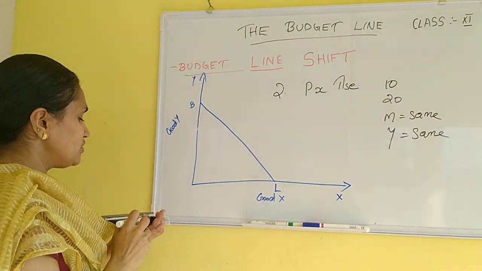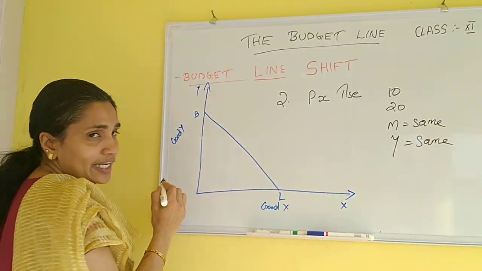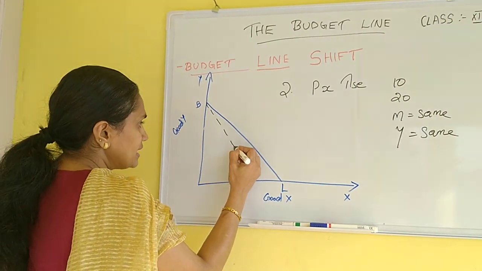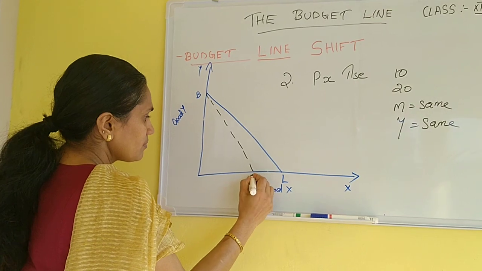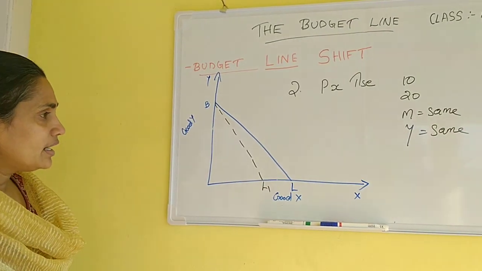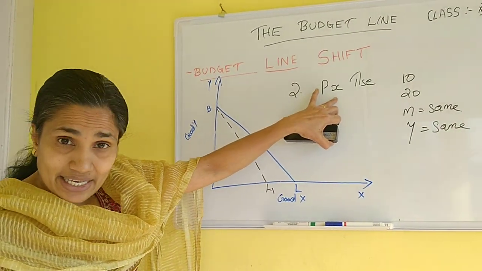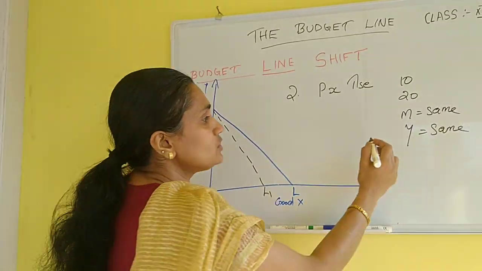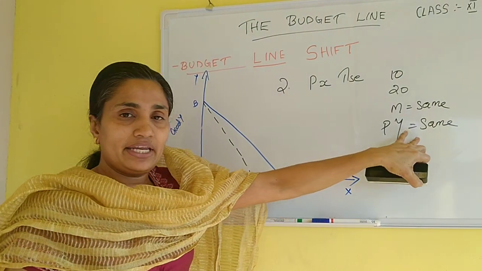I will show the change in the budget line. We can see that this is the shape of the budget line. When price of X increases, income remains the same and the price of Y remains the same.